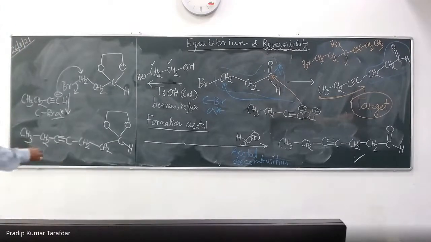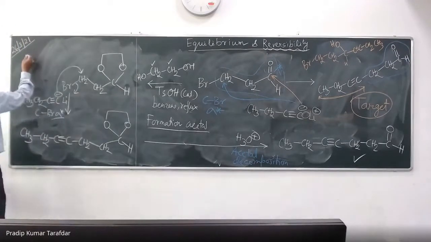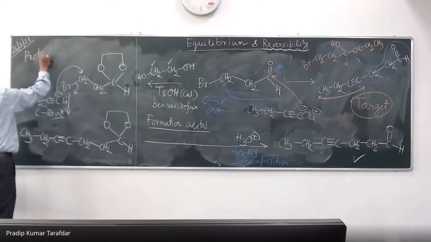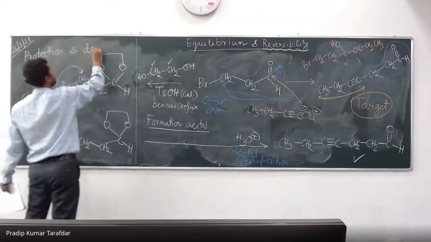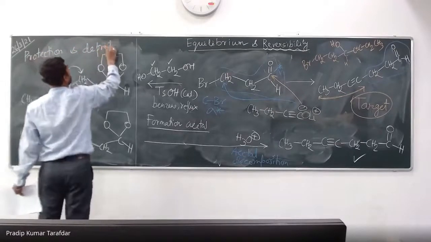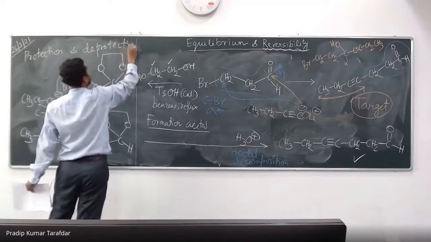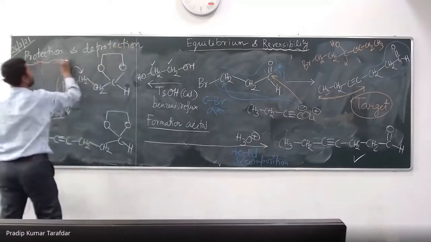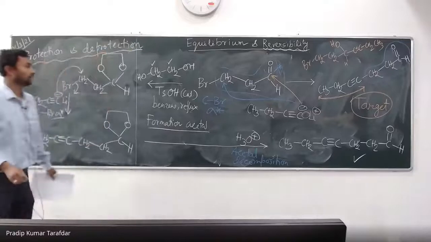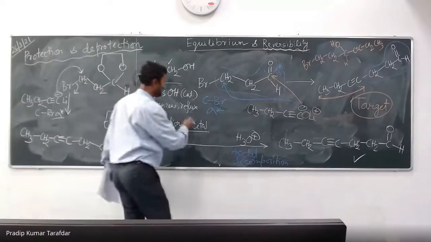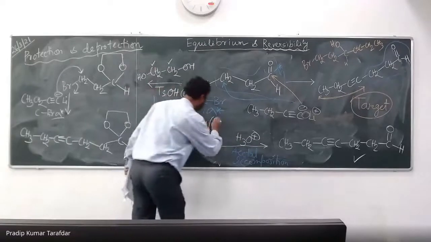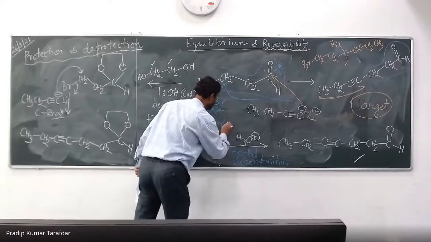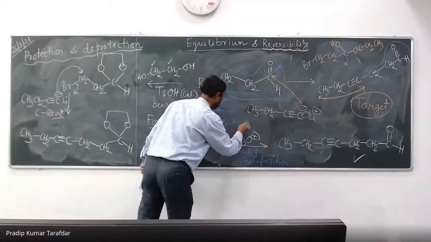This strategy we call in organic synthesis protection and deprotection. So this is the topic. What I am doing, first step, formation of acetal, means I am protecting my aldehyde.